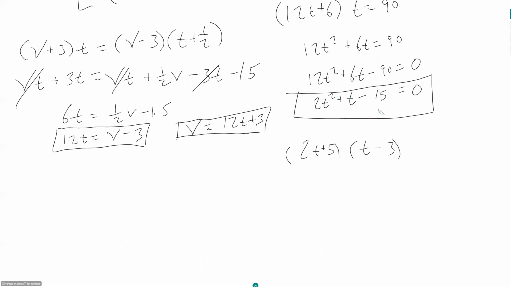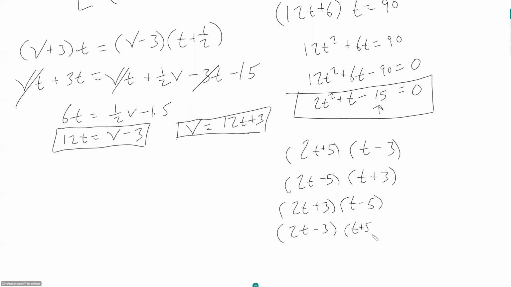So I'm just thinking of combinations that are going to give me a negative 15 over here. 2t minus 5, t plus 3, or it could be 2t plus 3 and t minus 5, or it could be 2t minus 3, t plus 5.